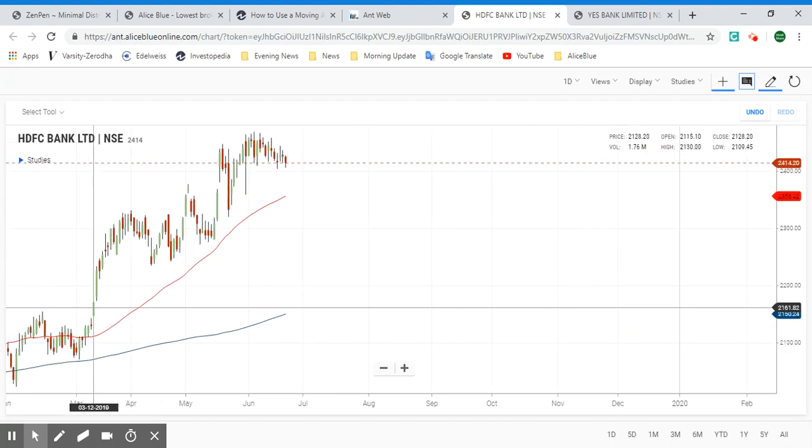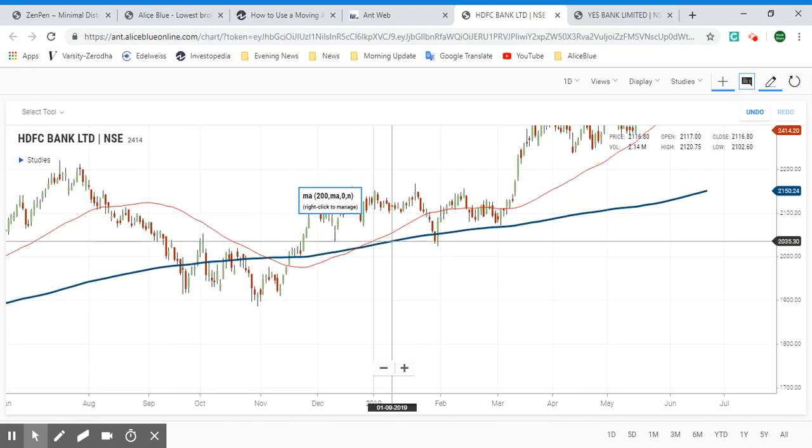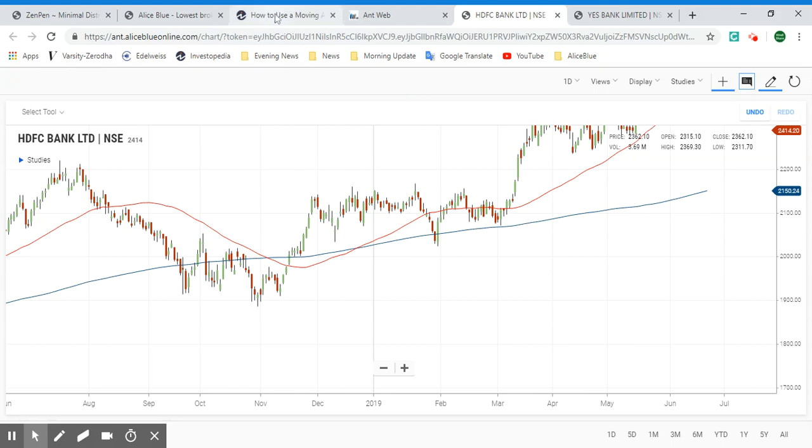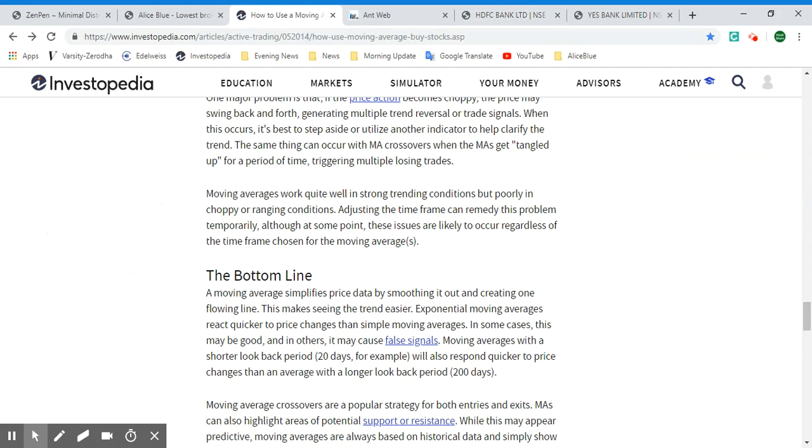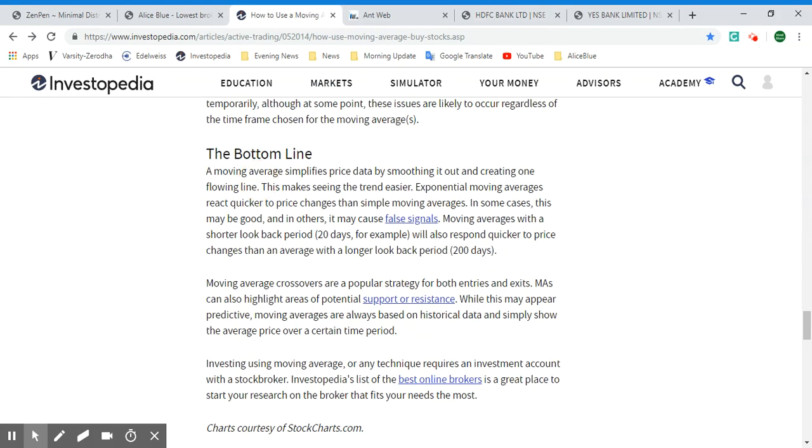So when it's like this and the signals are a little confusing, you can apply other indicators to support your trend identification. So let's look at the overall.